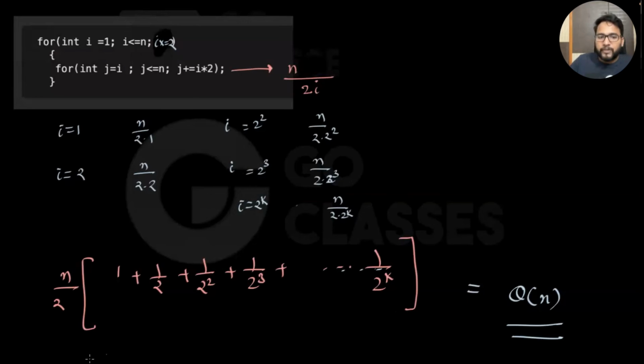See, can you tell me, is this a decreasing GP or an increasing GP? Decreasing, right? In case of a decreasing GP, you can always approximate this whole thing by the first number.